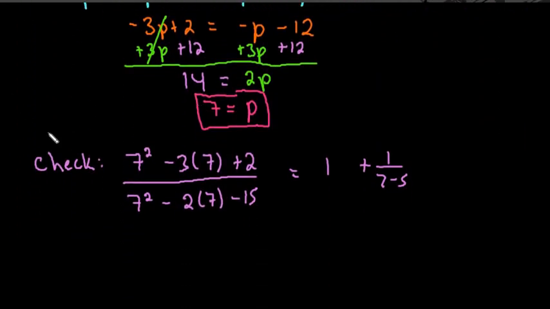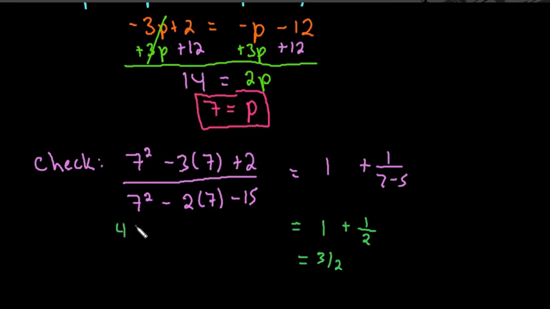Then to check to make sure that this does indeed work, we'll simplify this side first just because it's easier. So I really have 1 plus 1/2, or 3/2 if I write it as an improper fraction. Sometimes it's easier to work with the improper fraction rather than a mixed number. You can express it either way. We could also put this as a decimal, 1.5. You can plug this entire thing into your calculator if that's easier for you.